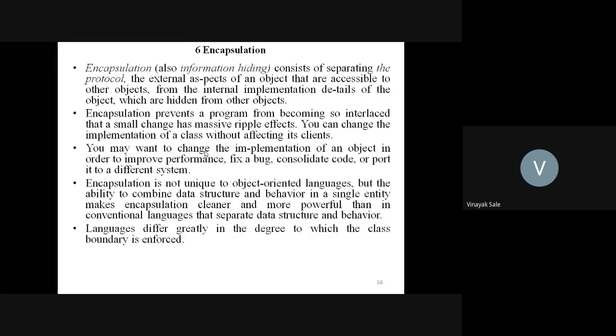Then next part is encapsulation. It is also known as information hiding. It consists of separating the protocol, the external aspects of an object that are accessible to other objects, from the internal implementation details of the object, which are hidden from other objects.